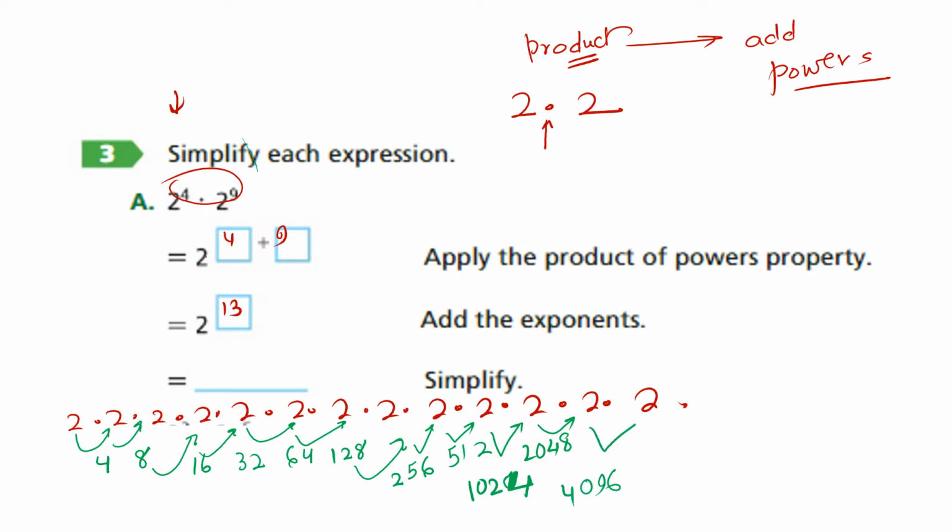And 4096 times 2, you will get 8192. So your final answer is 8192.